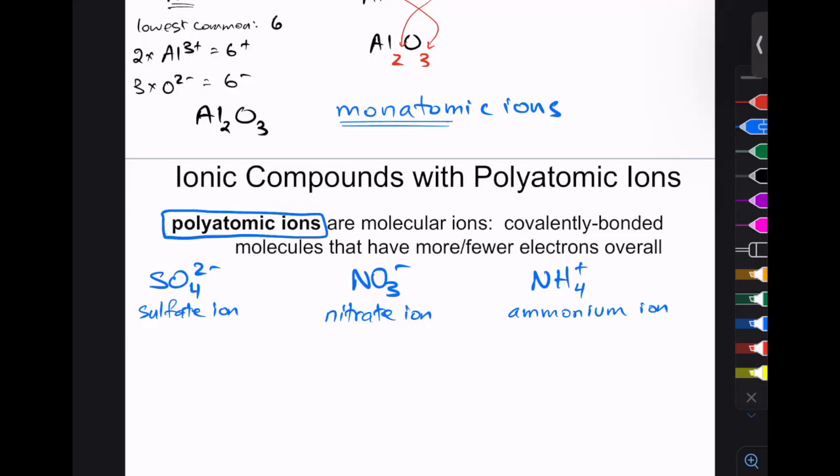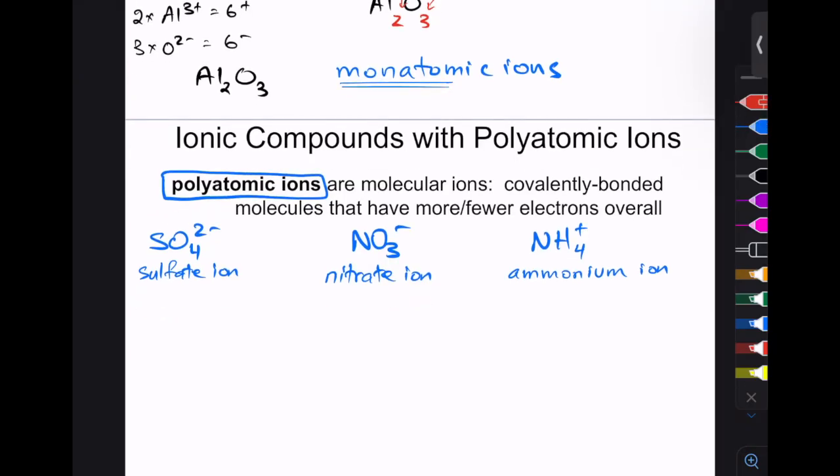They're covalently bonded. They have more or fewer electrons overall. And I should just put a little add to this. Overall, this is relative to the total number of protons. Because that's the positive charge, right?